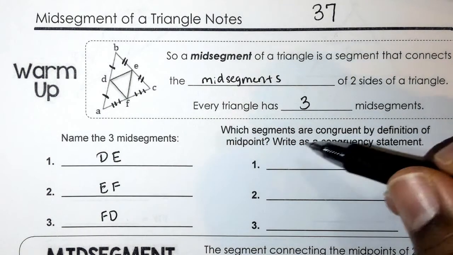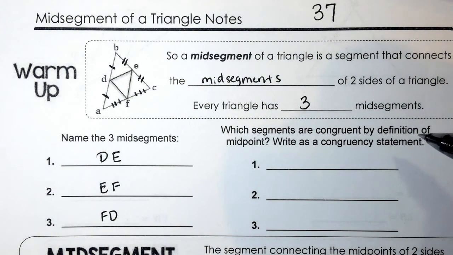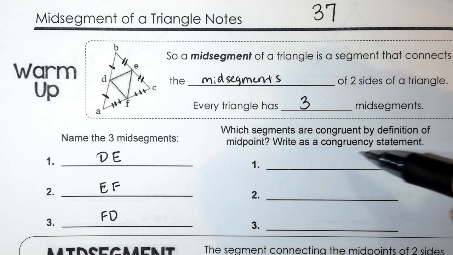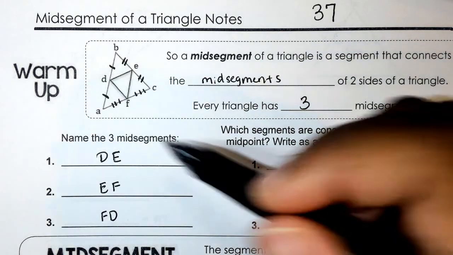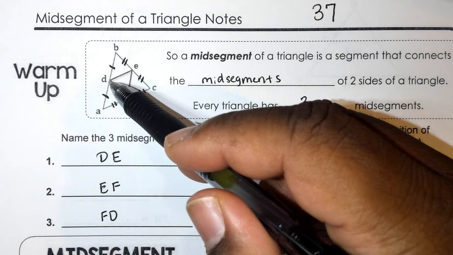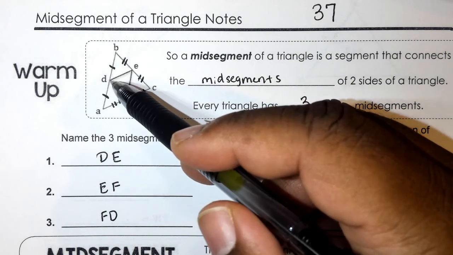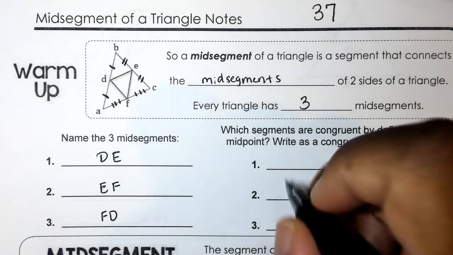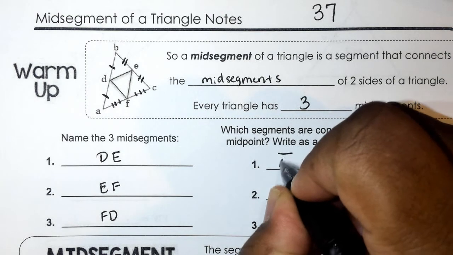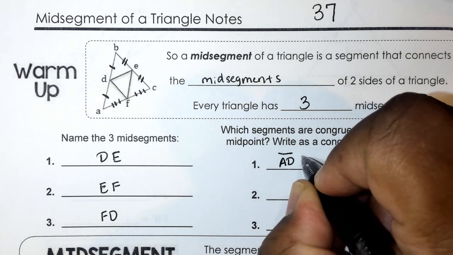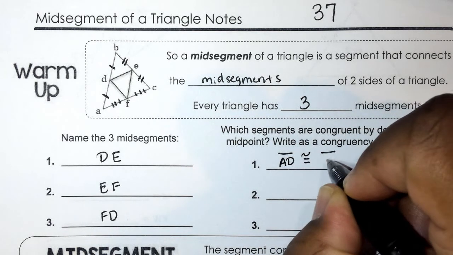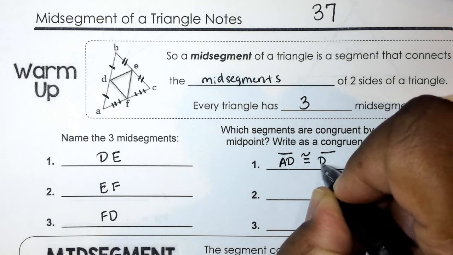And it says, which segments are congruent by definition of midpoint? Write a congruency statement. So, and this is what I just explained to you. Like I said, D is the midpoint on this side right here. So that means segment AD would have to be congruent to segment DB.